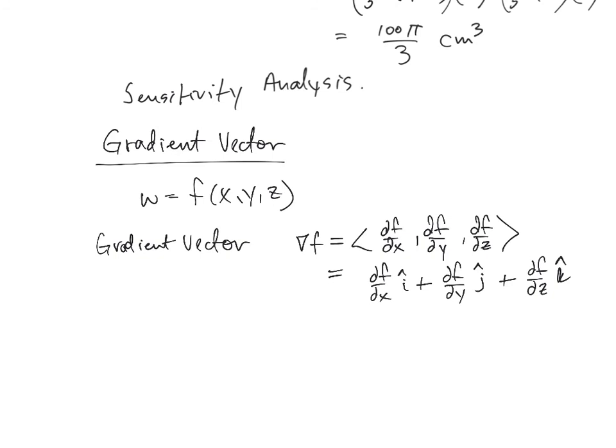So really, it is a derivative. It's just a derivative in vector form. We found the individual components. We know how to find those now. They're partial derivatives. We put them together into a vector, and we got the gradient vector. Really, it's just the derivative of a multivariable function.